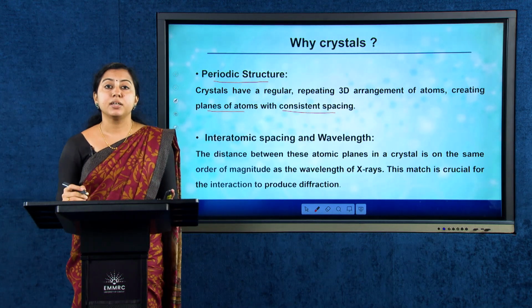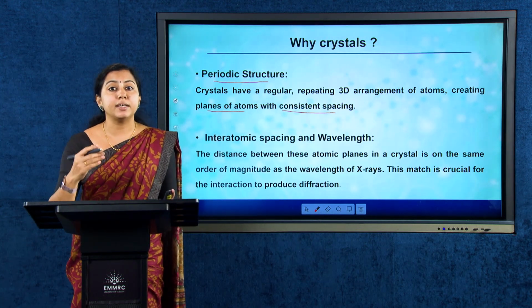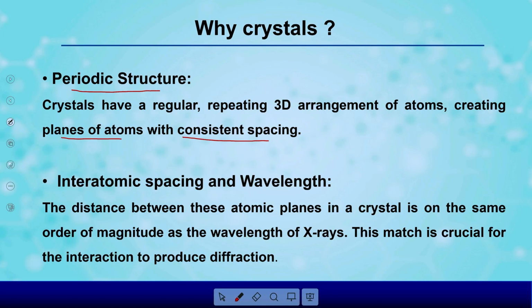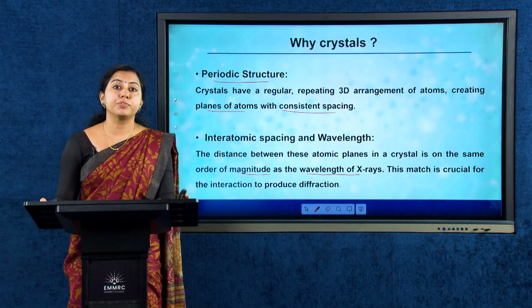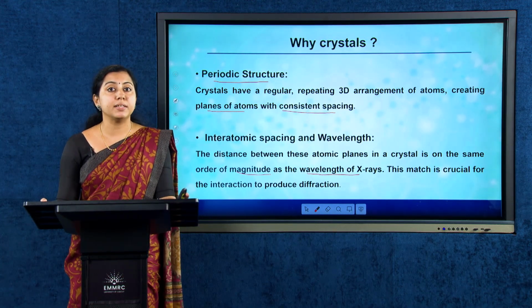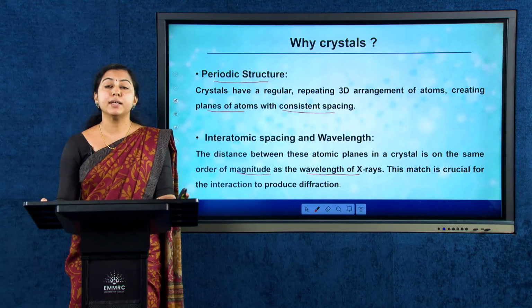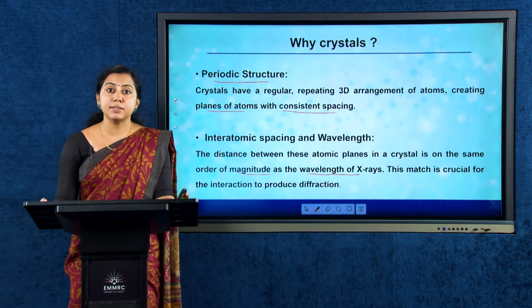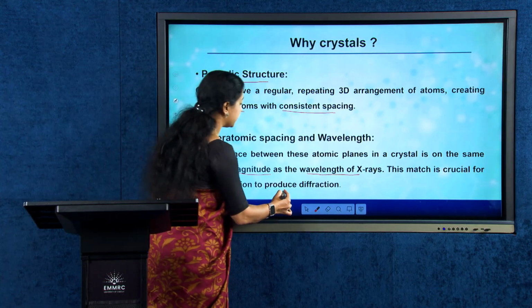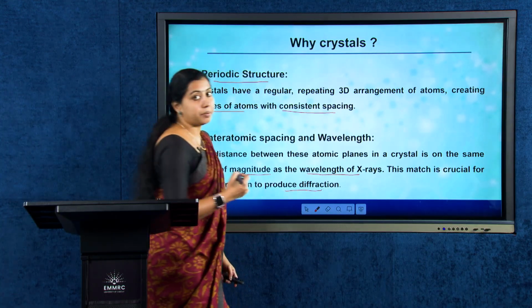In addition, the distance between these atomic planes in a crystal is on the same order of magnitude as the wavelength of the X-rays, which is of the order of 1 angstrom. So, this match is very crucial for the interaction to produce characteristic diffraction patterns.